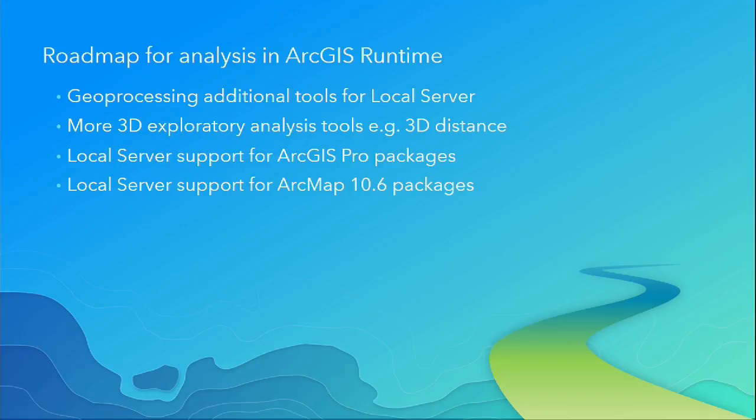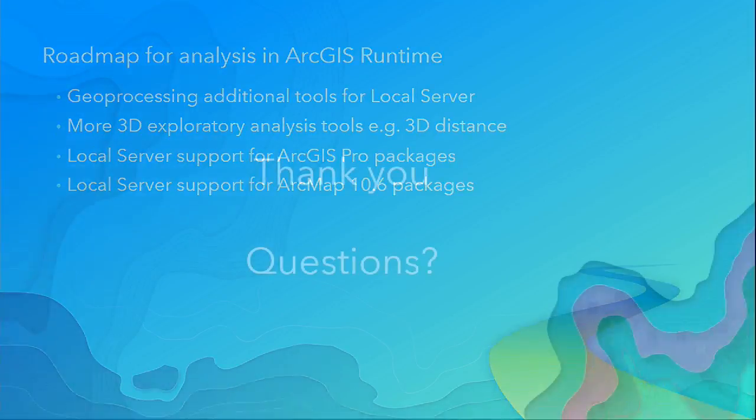So currently in the 100.2 release of the local server, you create packages with ArcMap 10.5.1. And then also we're looking at support for ArcGIS Pro packages, so creating a geoprocessing package within ArcGIS Pro, which would be a GPKX file, and then running that within the local server as well. So some really good enhancements across the core ArcGIS Runtime API and also local server as well.